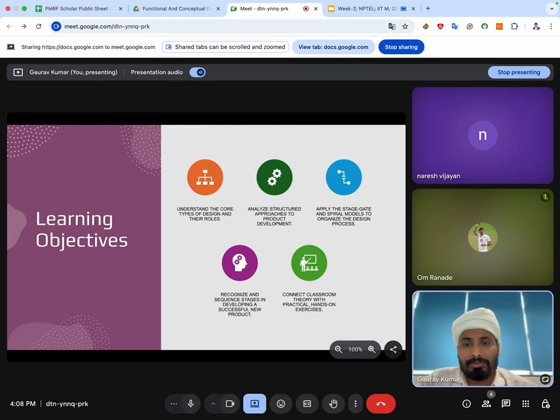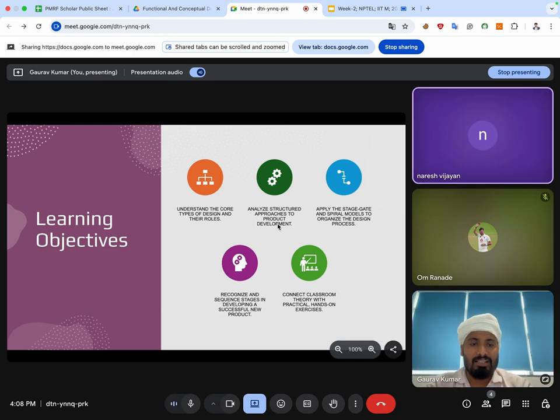The second one is to analyze a structured approach to product development. Have you ever wondered how a product evolves from an idea in your mind to something on the market? We will discuss stage gate and spiral models, which are structured blueprints to help you make decisions, take feedback, and move forward strategically.